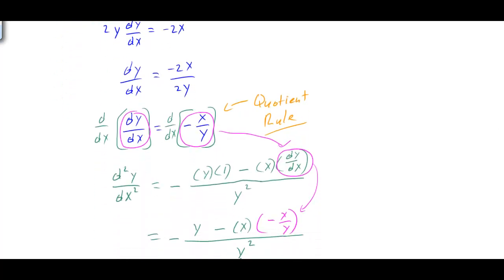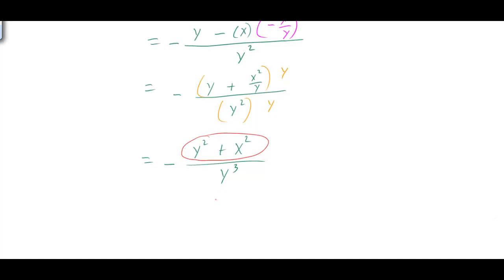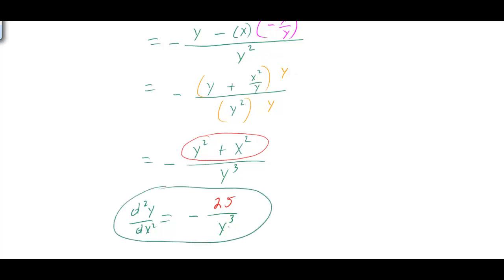So we're going to substitute 25 in for x squared plus y squared. So we have 25 over y cubed with our negative out front. So here we end up with our second derivative, and notice by doing all this substitution, our second derivative is in terms of one variable, y.